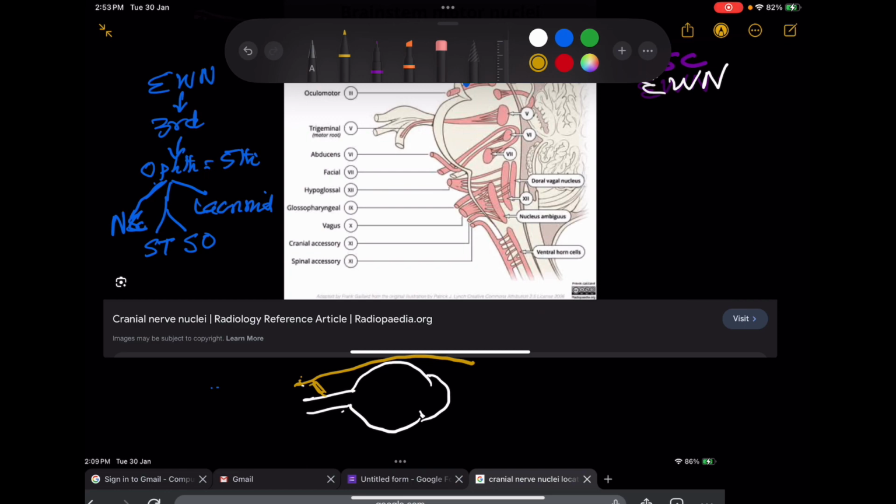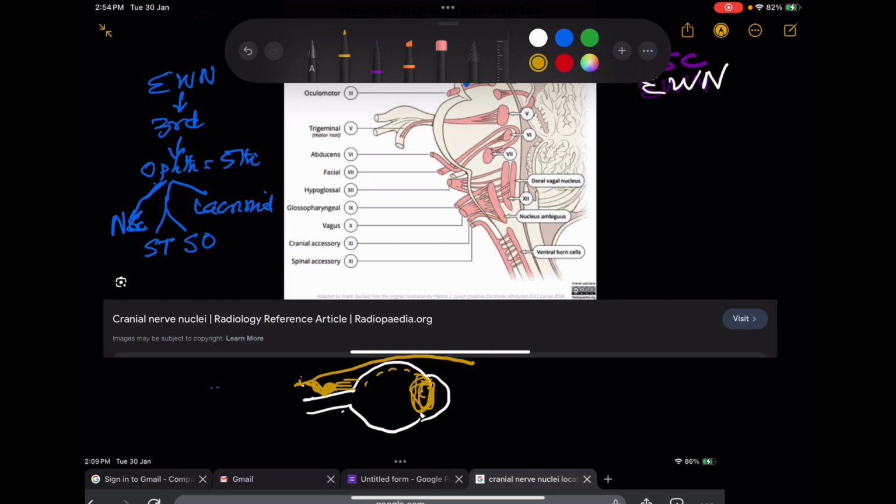We know how those fibers go, but it also gives fibers to the ciliary ganglion. And these nerves are called the long ciliary nerves, then the short ciliary and into the eyeball, and from the eyeball into the constrictor pupillae. So the Edinger-Westphal nucleus is responsible for constriction of the pupil in response to excess light.